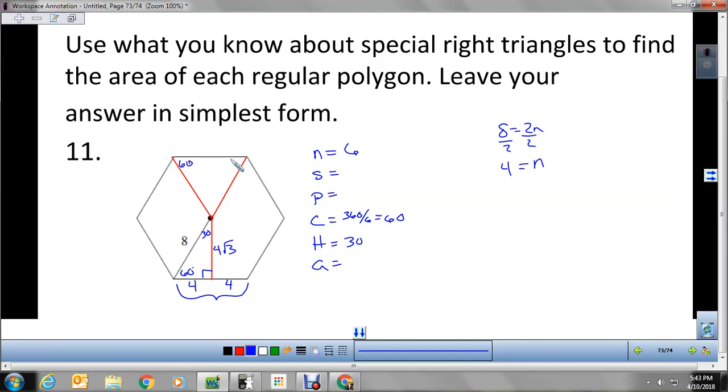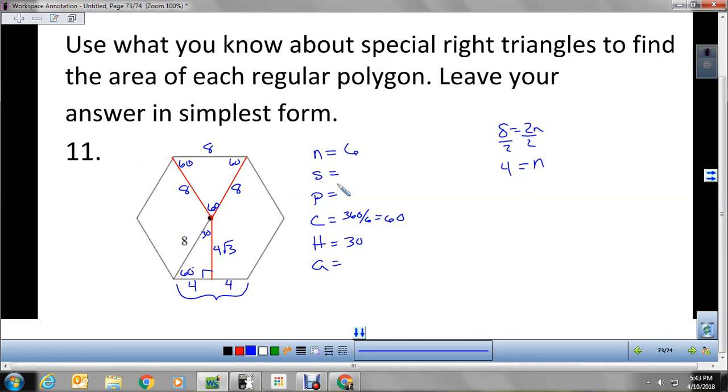These are 60-degree angles. The central angle is 60 degrees, so we have an equilateral triangle, which means if this is 8, then this is 8, and this is 8 over here. So they're all 8 going around the radius. Your base is also 8 as well. So that's another way you can look at this and solve.